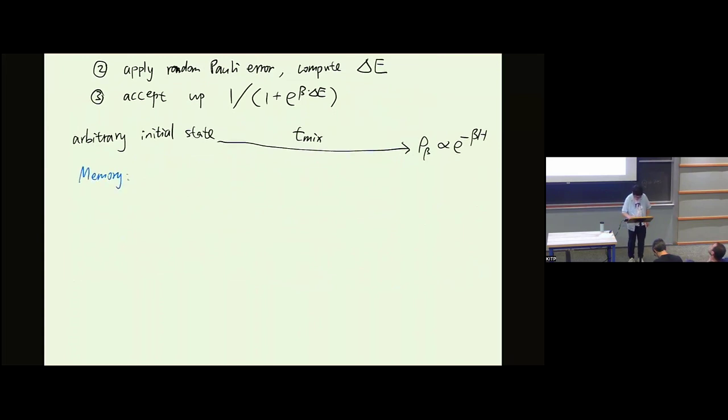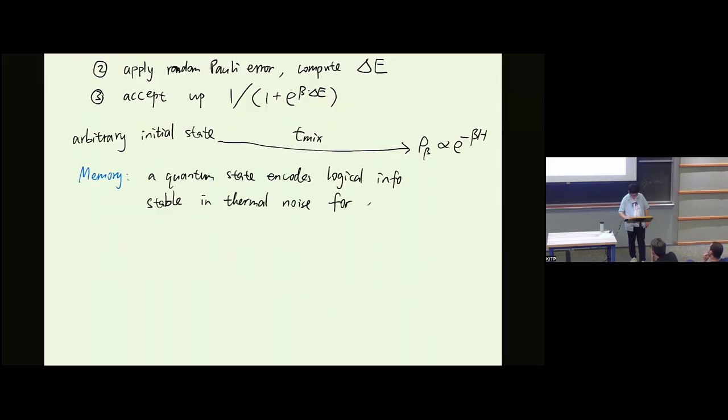Okay, so now let's think about what we mean by a self-correcting quantum memory. A self-correcting quantum memory is a very interesting physical system, which says that you can have a quantum state that encodes some logical information that remains stable in thermal noise for exponentially long time.